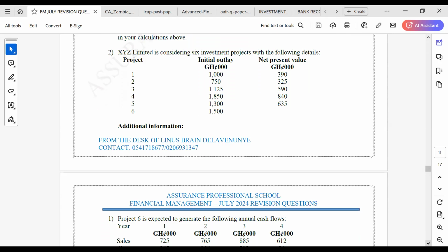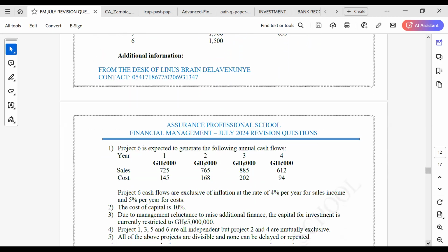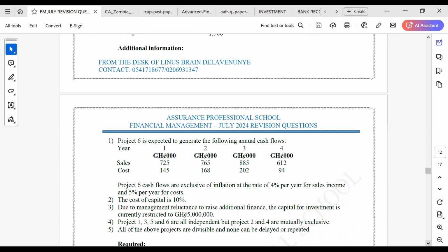Let me read. XYZ Limited is considering six investment projects with the following details. Projects 1, 2, 3, 4, 5, and 6, with their respective initial outlay and net present value. Project 6 is expected to generate the following annual cash flow, the sales and then the cost. Project 6 cash flows are exclusive of inflation at the rate of 10%.